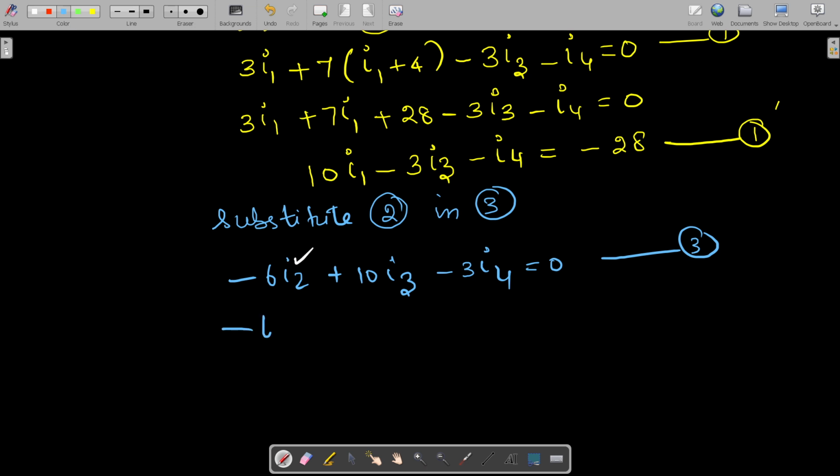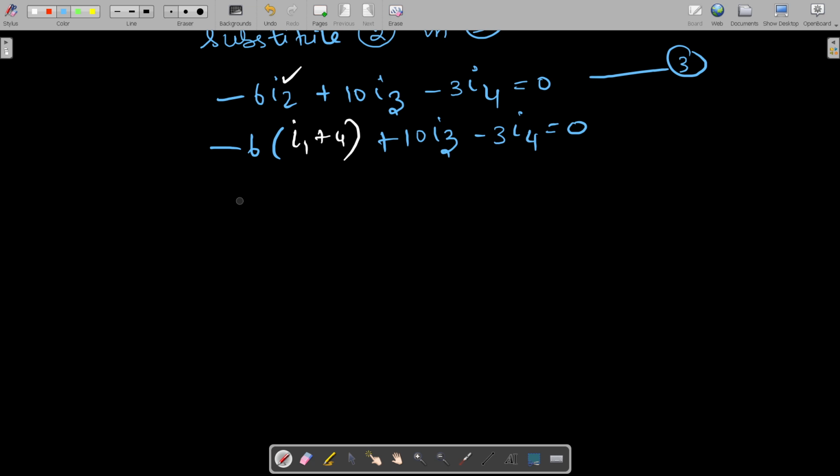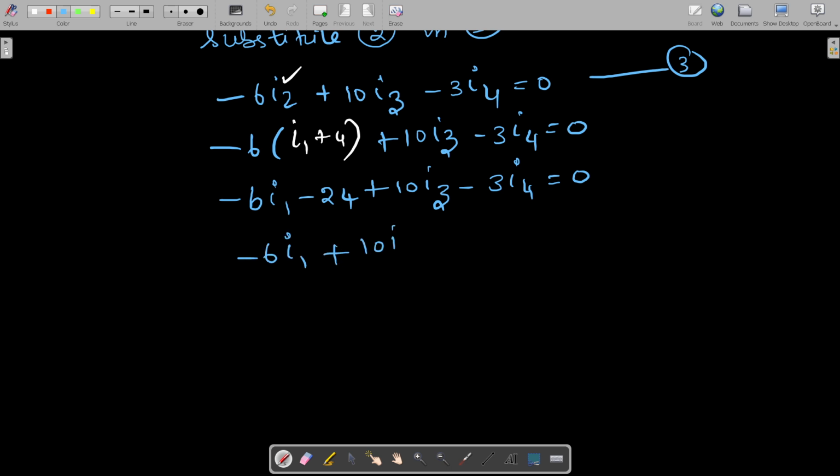So it is minus 6 multiplied by I1 plus 4, then plus 10I3 minus 3I4, that is equal to 0. So it is minus 6I1 minus 24 plus 10I3 minus 3I4, that is equal to 0. So I can rewrite it as minus 6I1 plus 10I3 minus 3I4, that is equal to 24. So this is the modified form of the third equation.